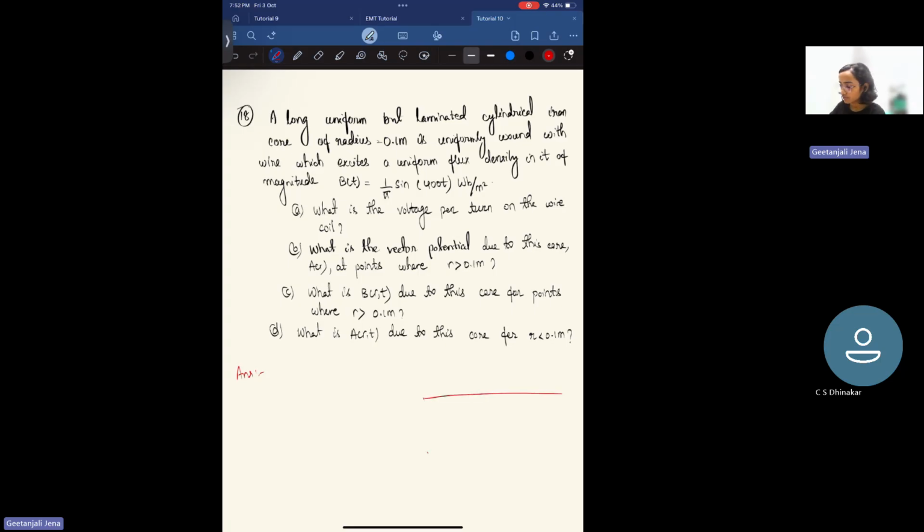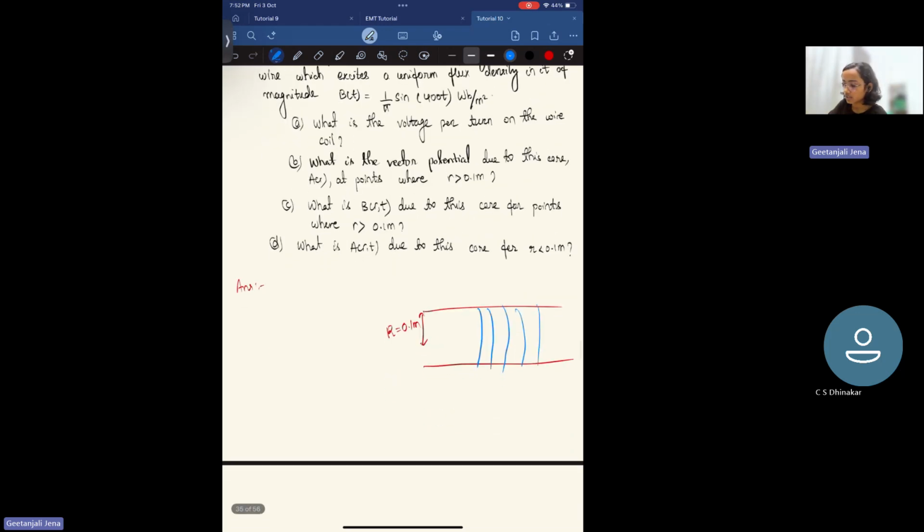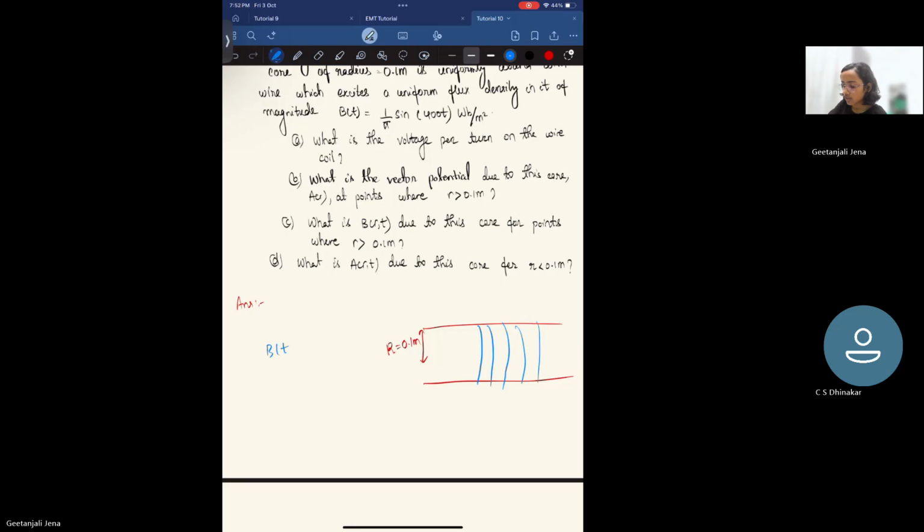So there is a long uniform iron core of radius R equal to 0.1 meter, and it is wrapped with wire which excites a uniform flux density in it of B tesla. This wire excites B of 1 by pi sine 400t.